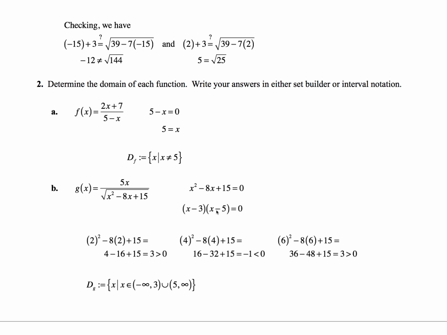So in between 3 and 5, the parabola is below the x-axis, and therefore all those values are negative and cannot be inside the radical. We also are not going to have 3 and 5 in the domain either, because that would make this radicand 0. We can't have a 0 in the denominator.